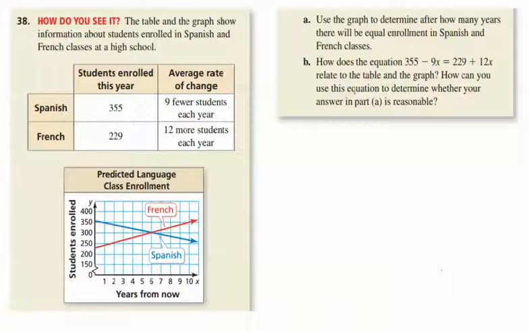The table and the graph show information about students enrolled in Spanish and French classes at a high school. So, in the Spanish classes, there are 355 students enrolled this year. So that's a starting value. And the average rate of change is 9 fewer students each year.